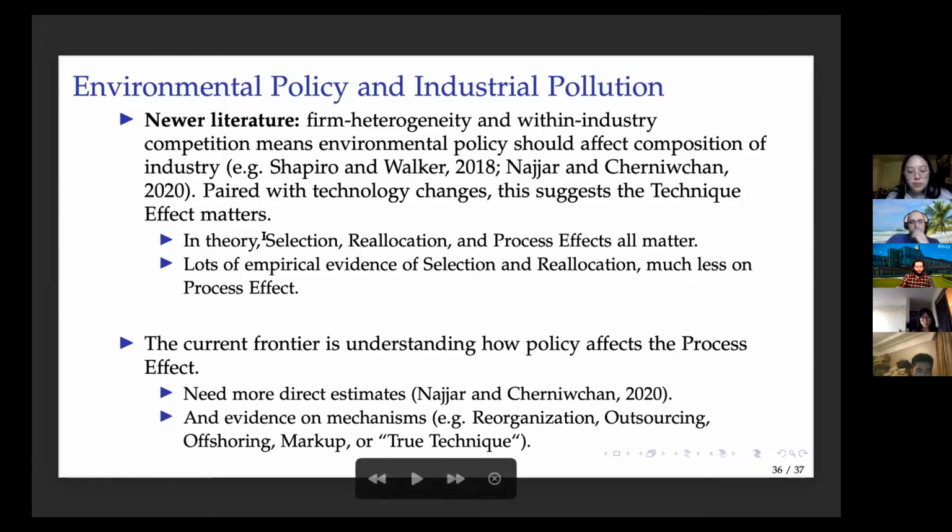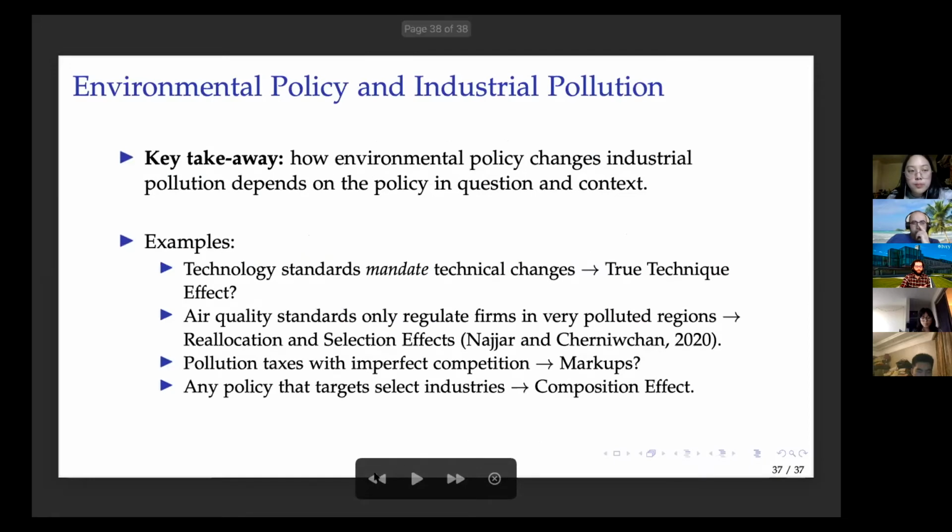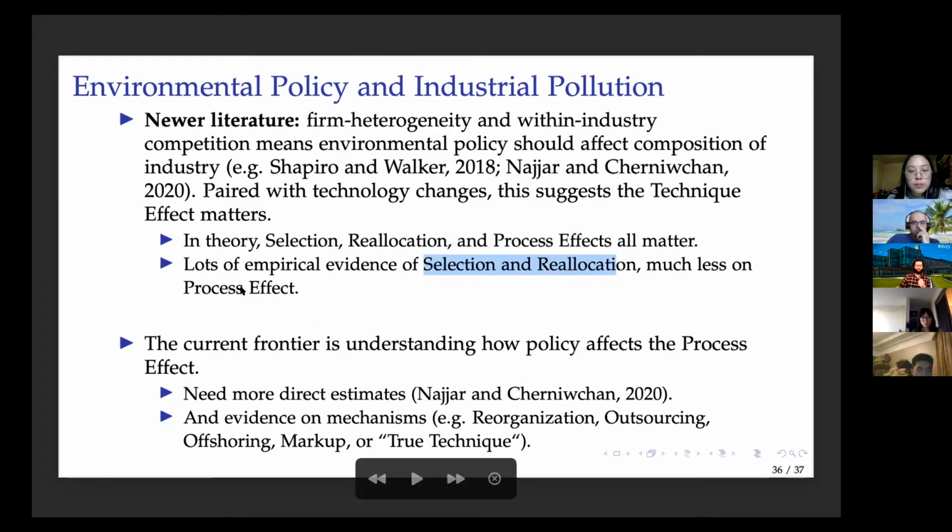So in theory, the technique effect should matter through all three forms: selection, reallocation, and process. What we have right now is a lot of evidence of selection and reallocation, and much less evidence of the process effect. So really, where the empirical literature is on understanding the way regulation affects this aggregate cleanup is trying to understand this process effect in more detail.